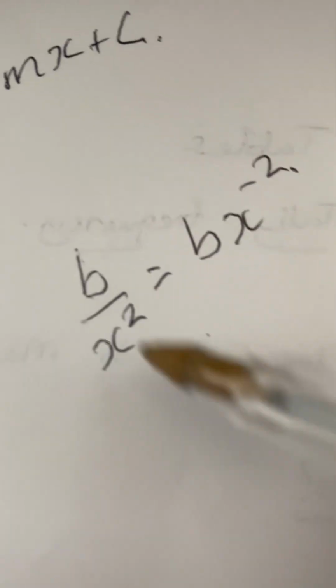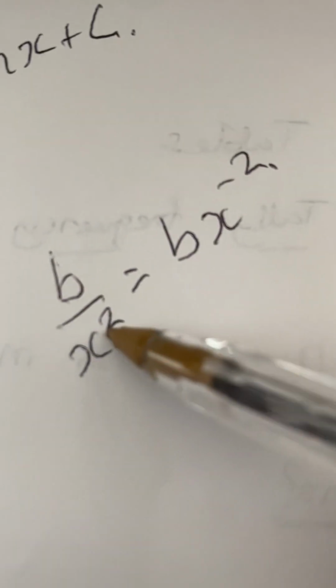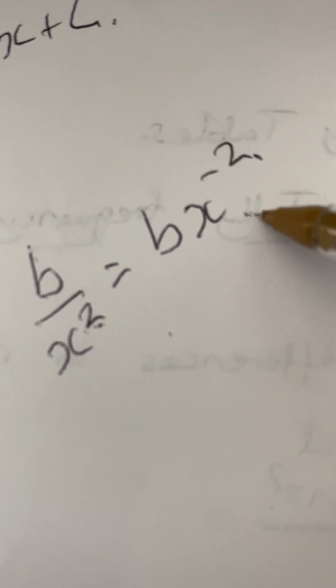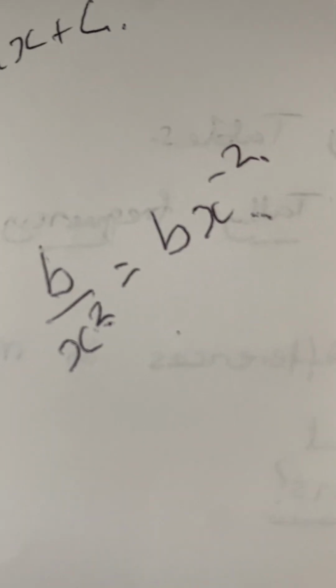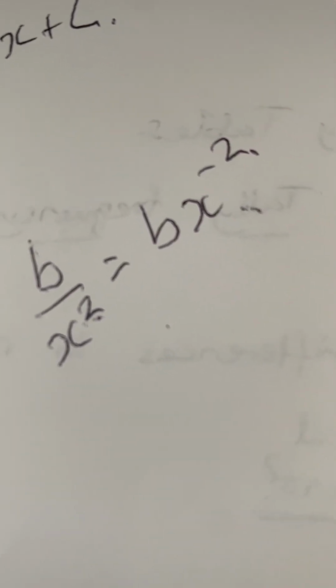So I said you can write b over x squared, or you can write bx minus 2. All these are identities, they are identical. So this is right, and that is also right.